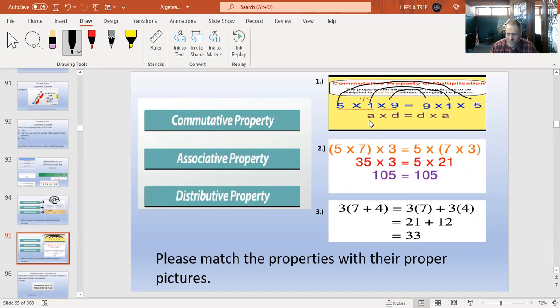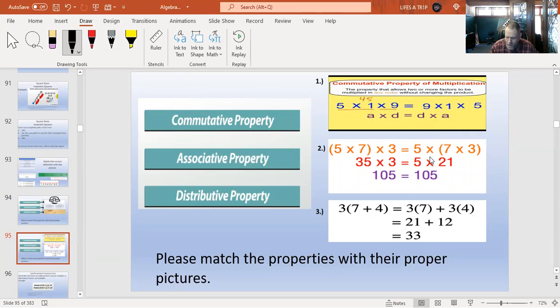And the same on this little guy right here. So we had A times D equals D times A. It should be the mirror image, guys, the mirror image.